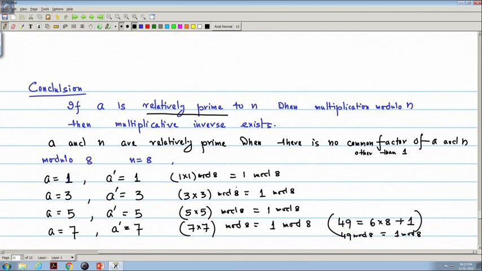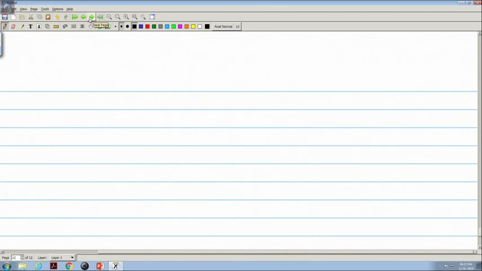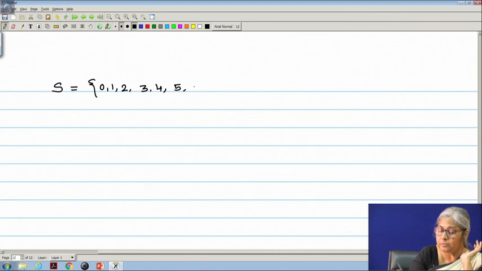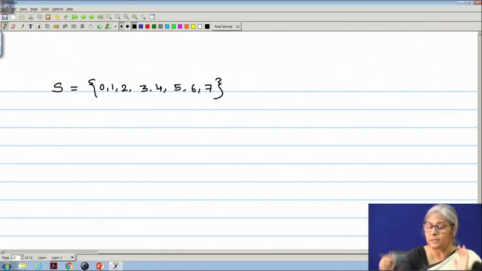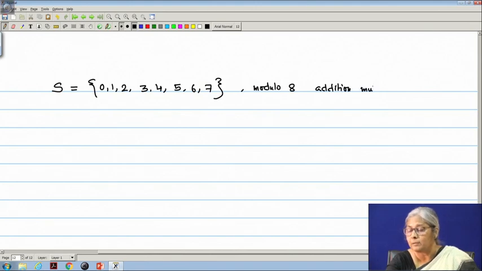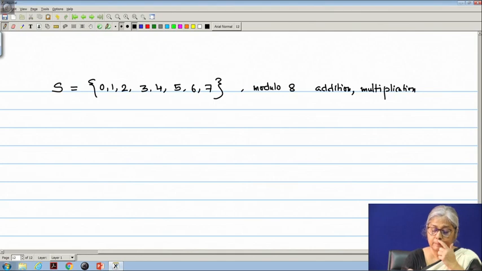So, now if we tabulate, I have taken the set 0, 1, 2, 3, 4, 5, 6, 7, since we are taking modulo 8 addition and multiplication.